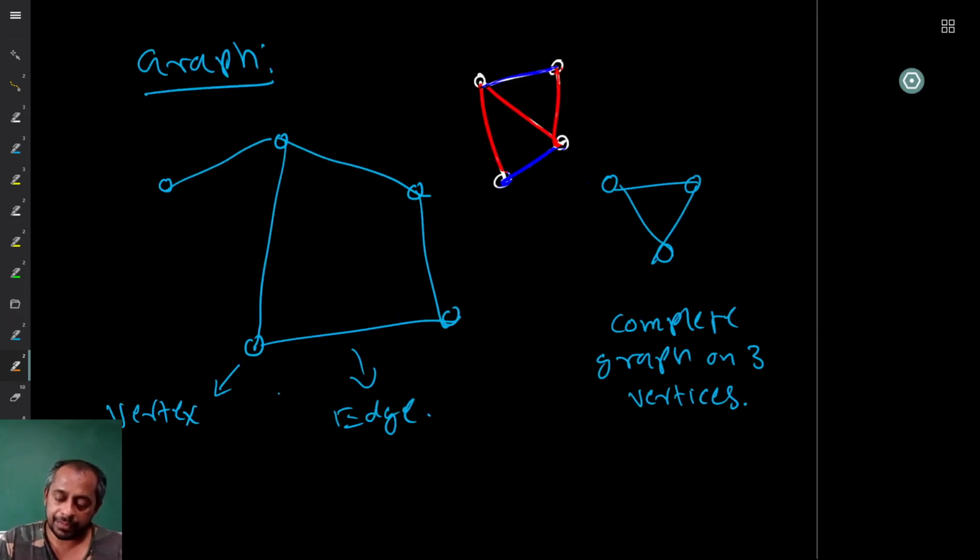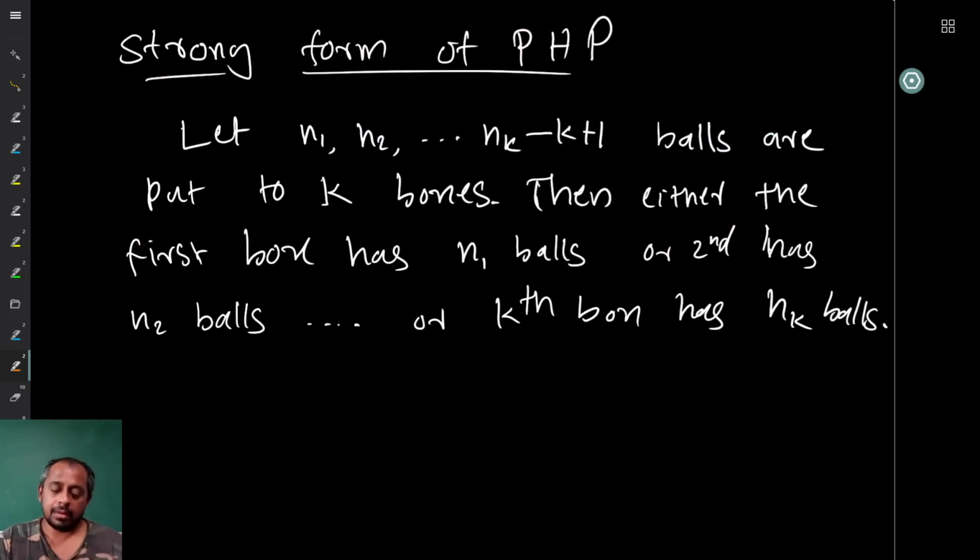Now, an even stronger form of the Pigeonhole principle. Suppose we have, let us say, I think I made a mistake here. This is n1 plus n2 plus n3 plus etc plus nk minus k plus 1.